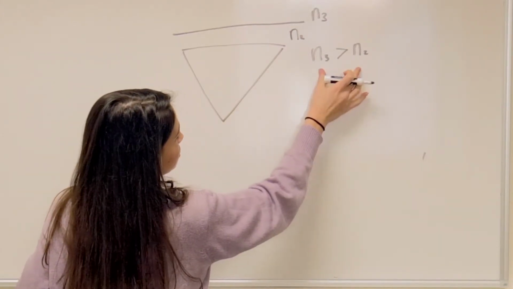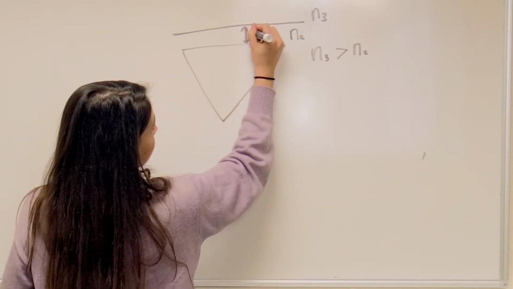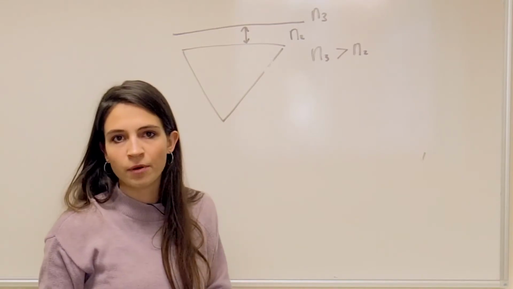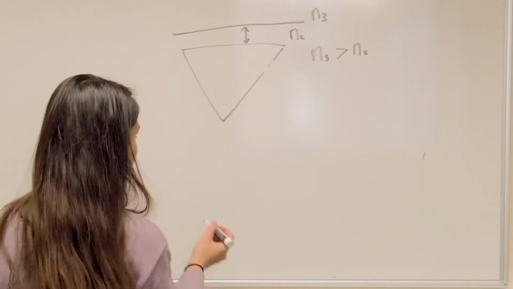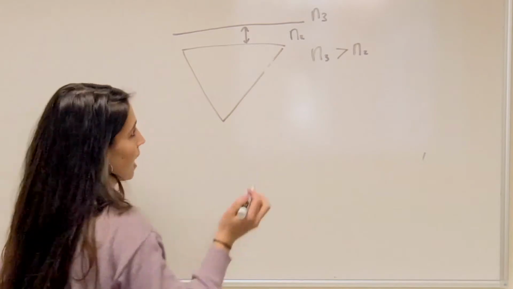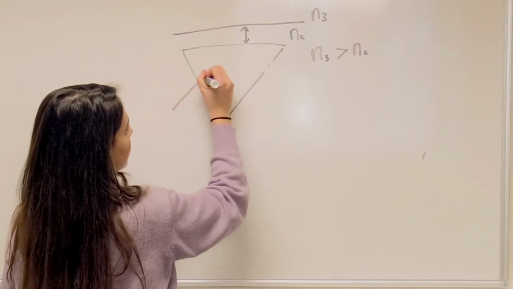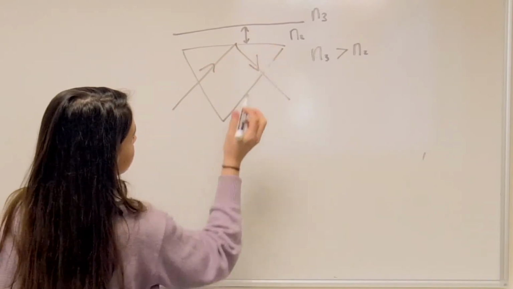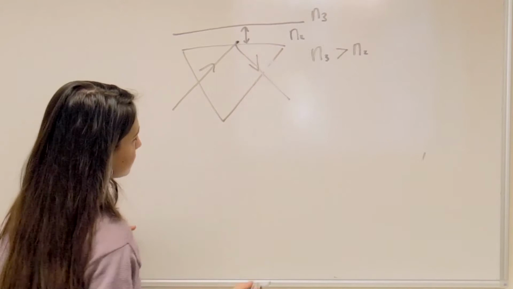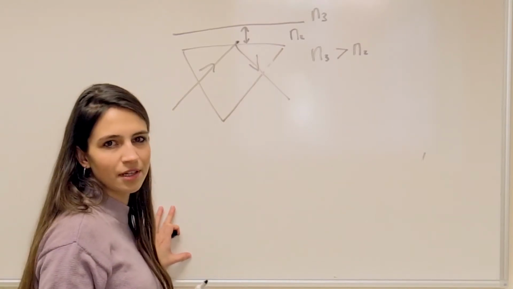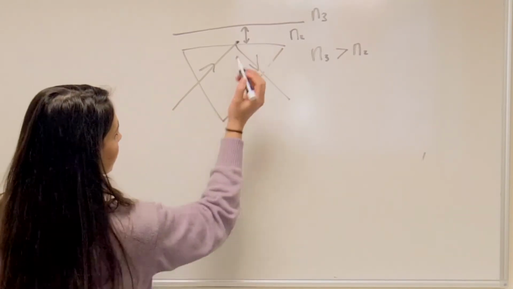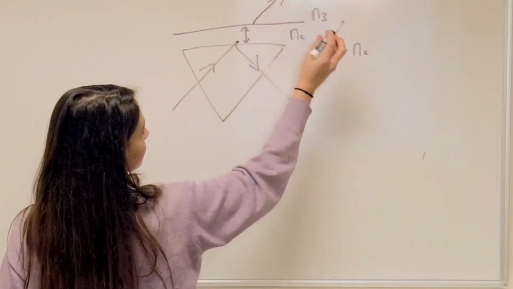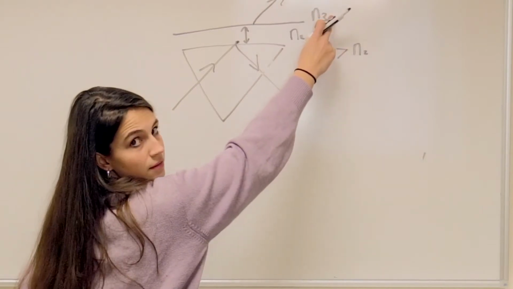Now, if this is true, and this gap is very small, and by very small I mean less than a couple of wavelengths of light, then something quite interesting happens. Instead of getting what you might expect, which we just discussed, which is total internal reflection at this boundary here, there's something similar to quantum tunneling, where the light hops this gap and just continues in through this material 3 here.